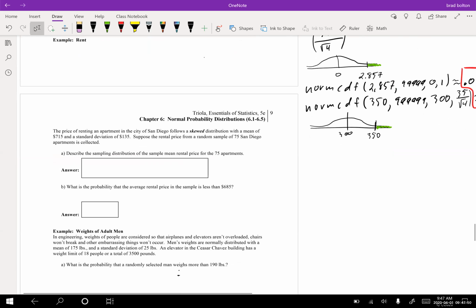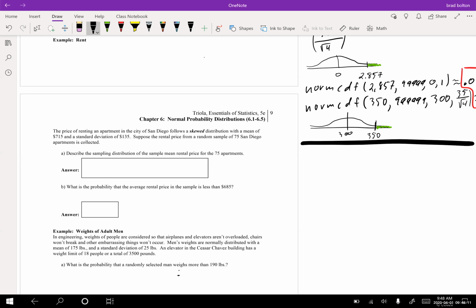So let's do the rent example. Okay, so it says the price of renting an apartment in a city of San Diego follows a skewed distribution with a mean of 715 and a standard deviation of $135. Suppose the rental prices for a random sample of 75 San Diego apartments is collected.